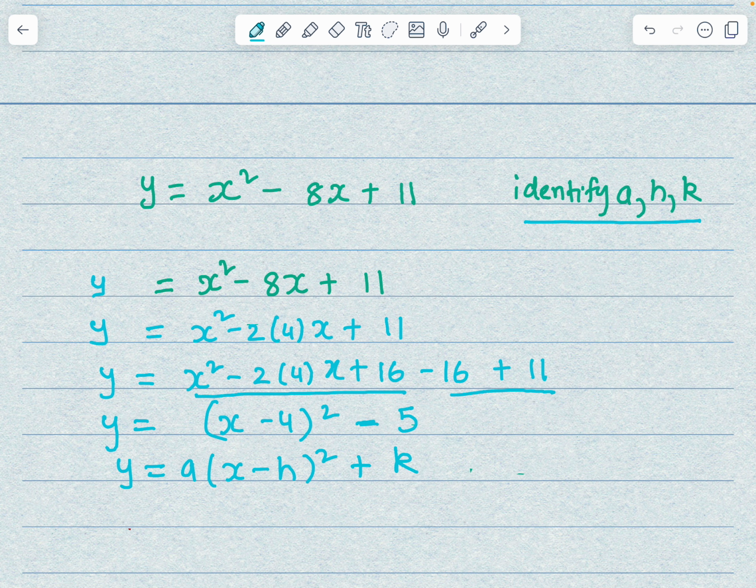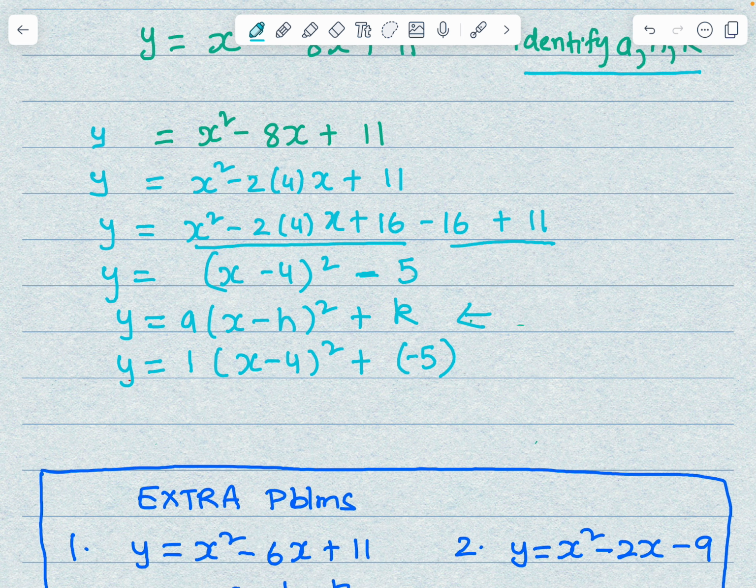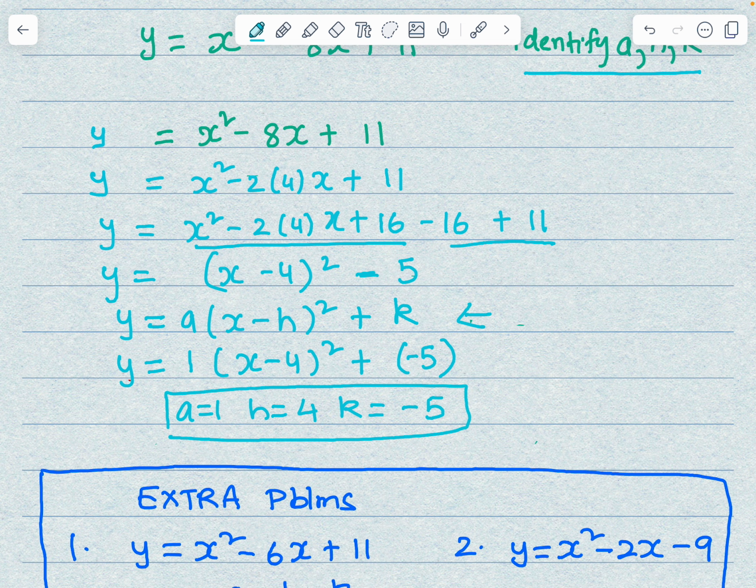So you have to rewrite it in this form, which is 1 times x minus 4 the whole squared plus minus 5. Now it's going to be easy for you to identify a, h and k. So you know that a is 1, h is 4 and k is minus 5. And that will be your answer.